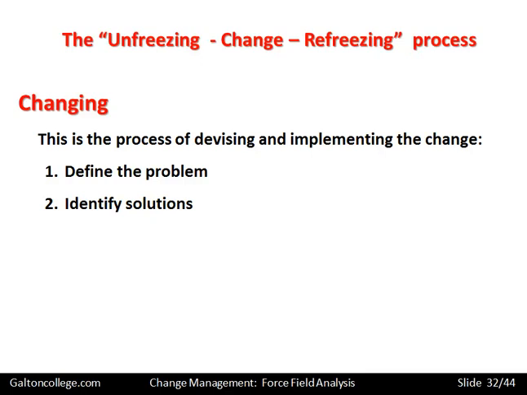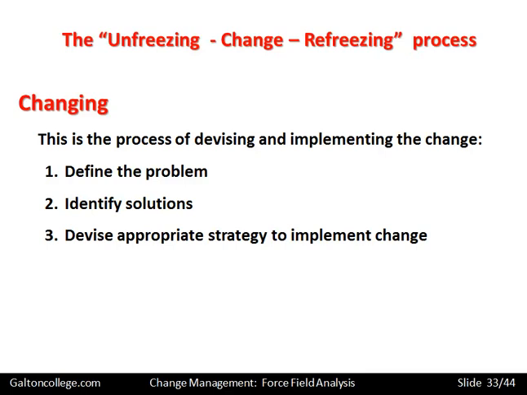And then, having defined the problem, identify the solutions. So the problems have been identified. The problem may be low productivity, poorly designed product, poor dispatch and logistics system, or poor stores management, whatever it is. Then what are the solutions? Identify some solutions that can fix the problem.